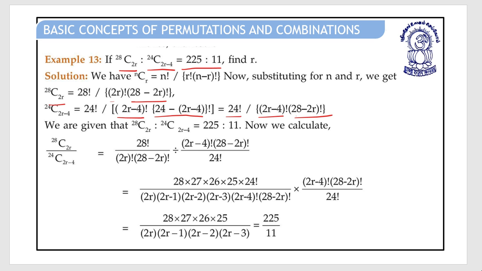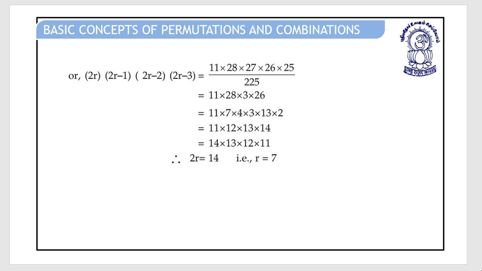After solving you will get 28 into 27 into 26 into 25 over 2r into (2r minus 1), (2r minus 2), (2r minus 3) is equal to, here given, 225 by 11. So 2r into (2r minus 1), (2r minus 2), (2r minus 3). Take cross multiplication: 11 into 28 into 27 into 26 into 25.